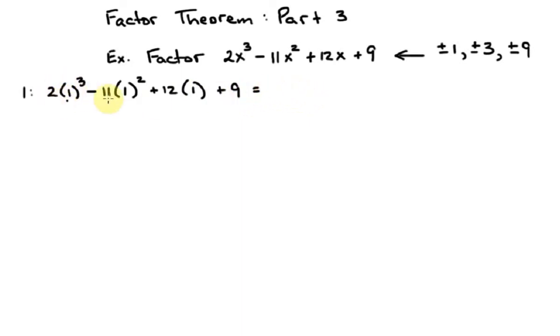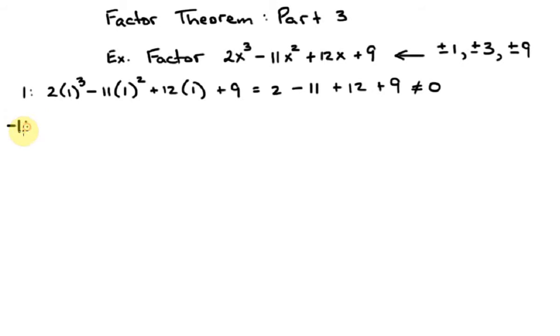So this would be 2, then I have minus 11 plus 12, and then plus 9. Well, it's pretty clear, 2 and 12 is 14, plus 9, 23, take away 11. That's not 0. There's no way I'm going to get a 0 out of that. So let's not waste my time.